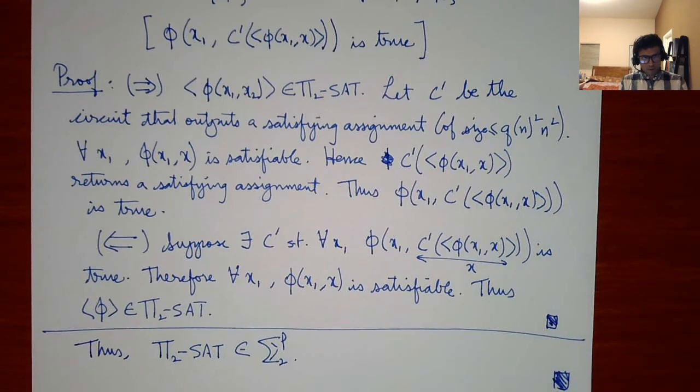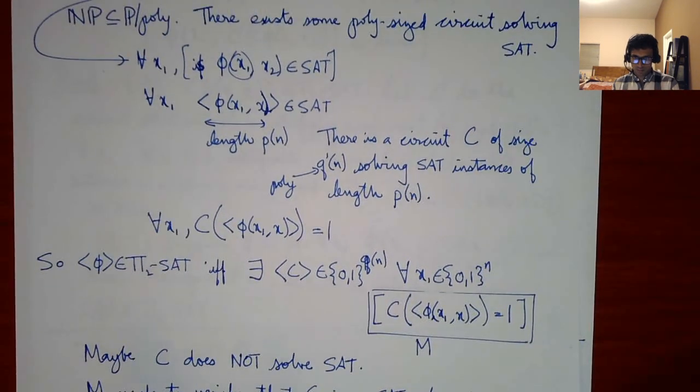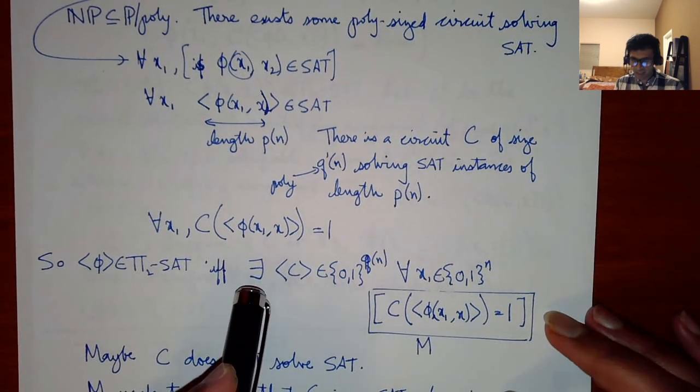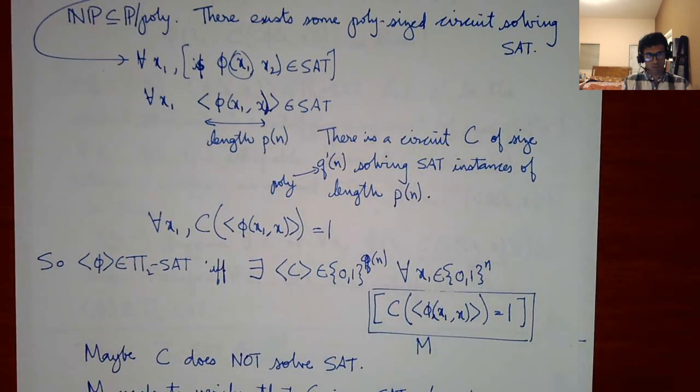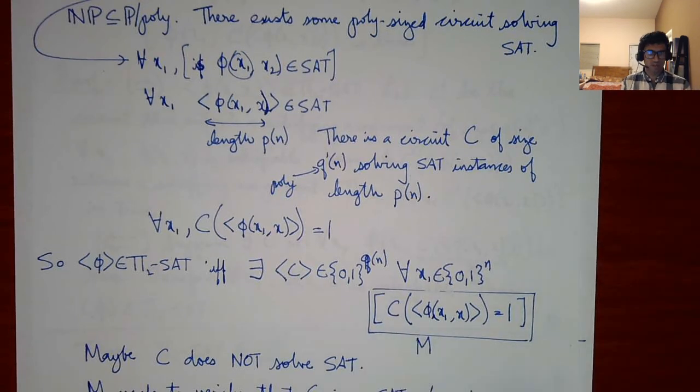So you'll have to go back and really understand lots of the details, but the basic idea is encapsulated in the original idea that I said, that the existential is going to guess the circuit that solves SAT. And as long as we make it output a satisfying assignment, then it's easy for M to verify that that circuit is actually doing what it needs to do.